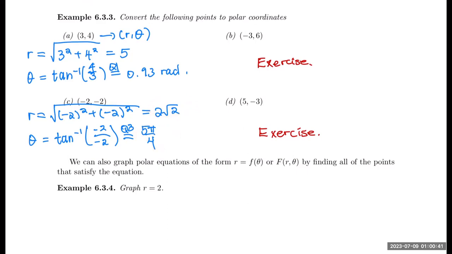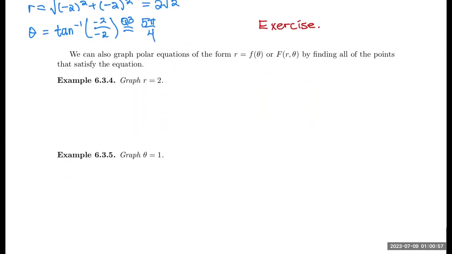All right. So we can also graph polar equations of the form r is equal to f of theta by finding all the points that satisfy the equation. For example, let us try to graph r is equal to 2.